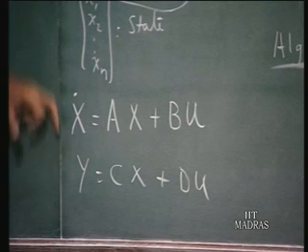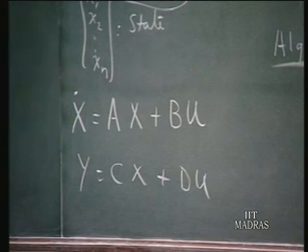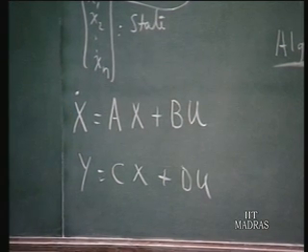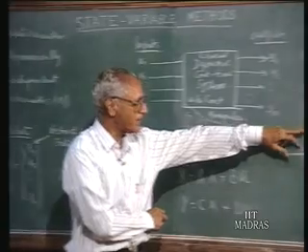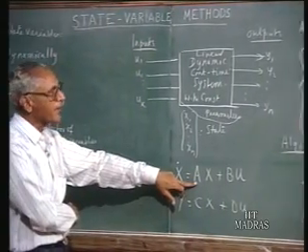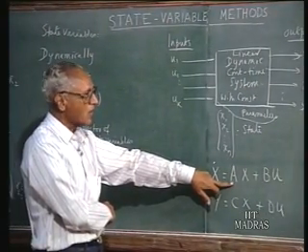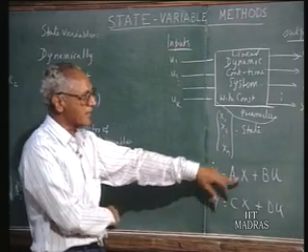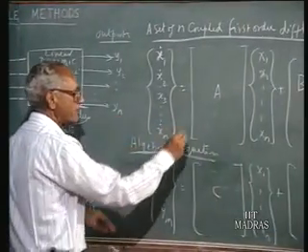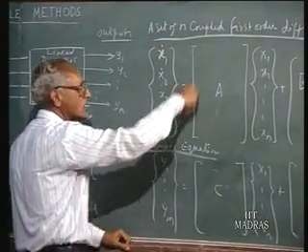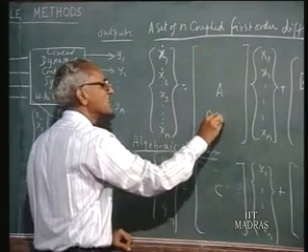X dot is a column matrix, which is also called a vector. A is a matrix of dimensions n by n. As you can see, A is a matrix because you have n rows and n columns, therefore this is an n by n matrix.